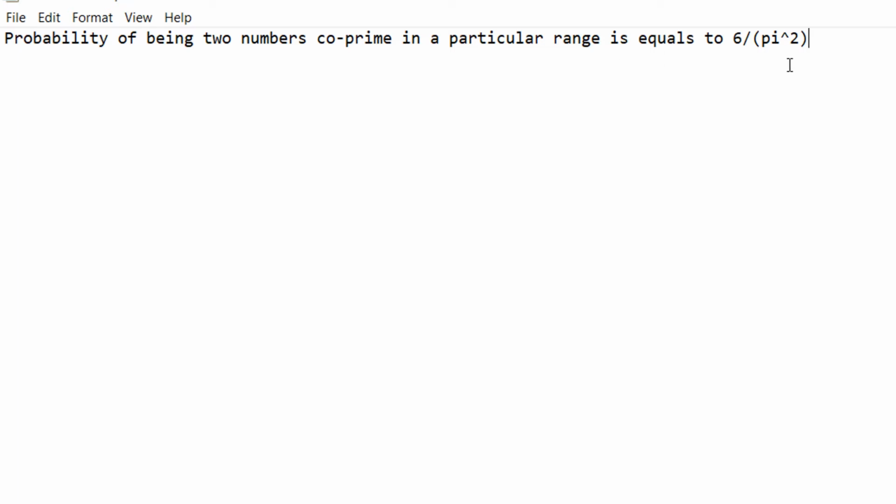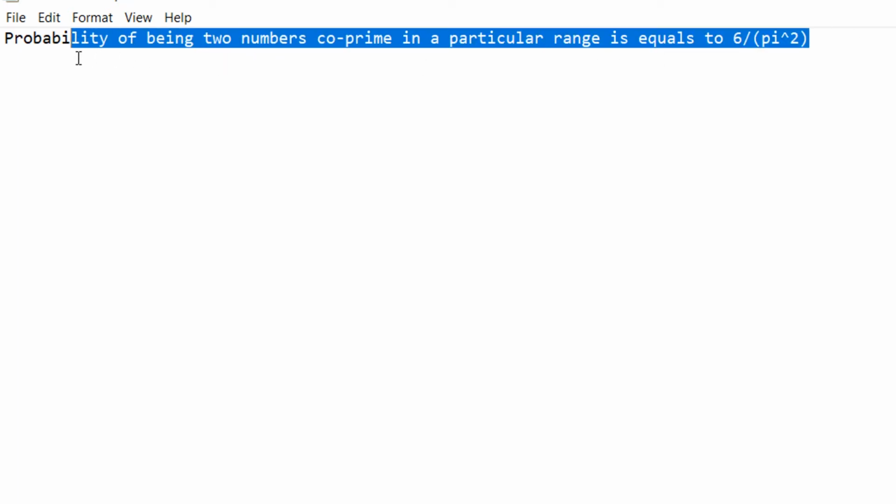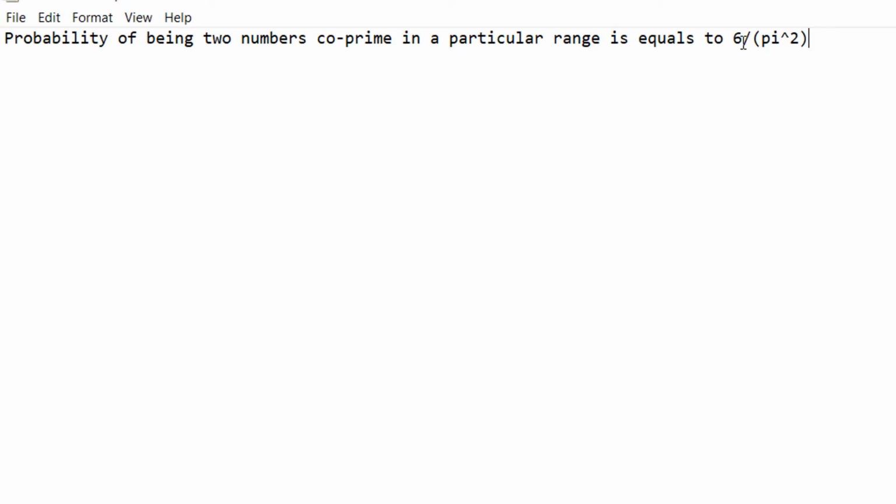So let's put this fact into Python programming, and we will find the value of pi by generating random numbers in some range.